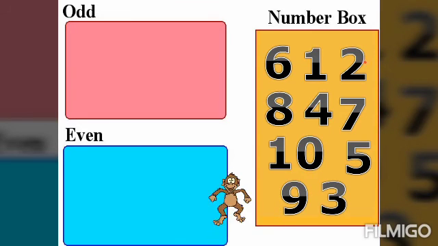We are going to get all the odd numbers here, and we also get all the even numbers here, and we will put them into their proper group. So we'll put together all the odd numbers here, and we'll also put together all the even numbers in this blue box. So let us put first, what number will we put first?